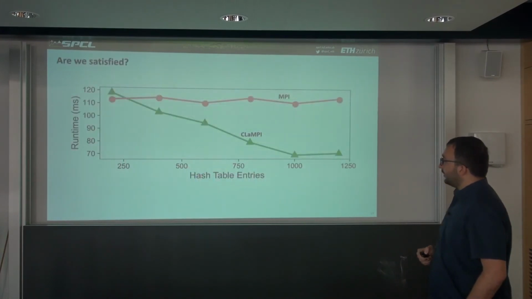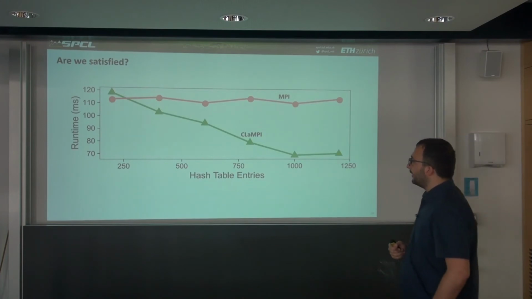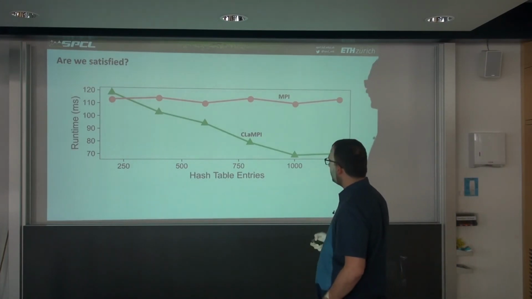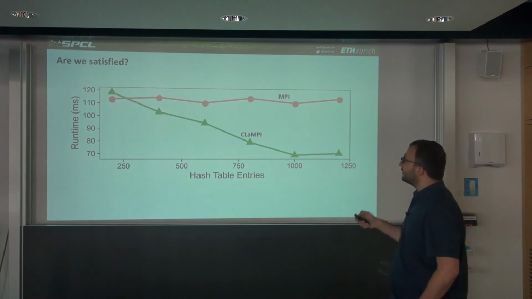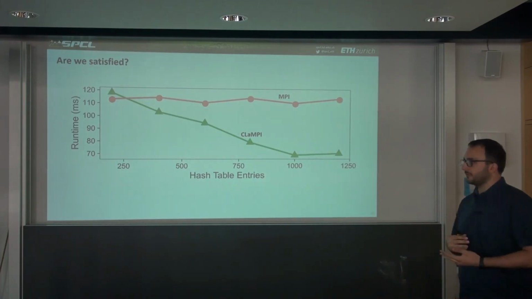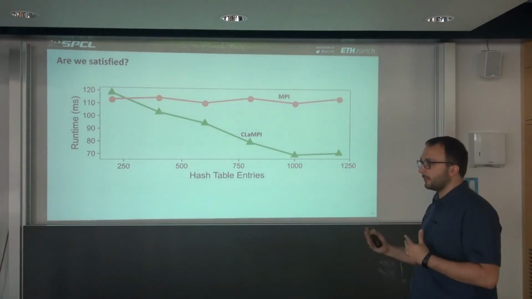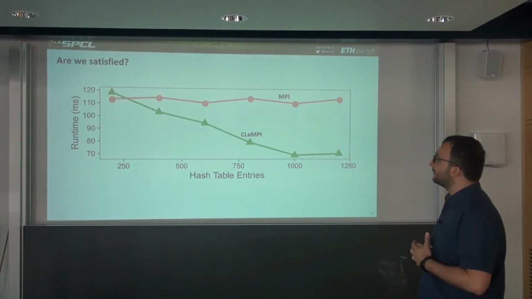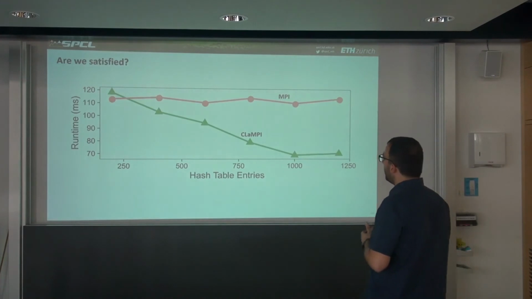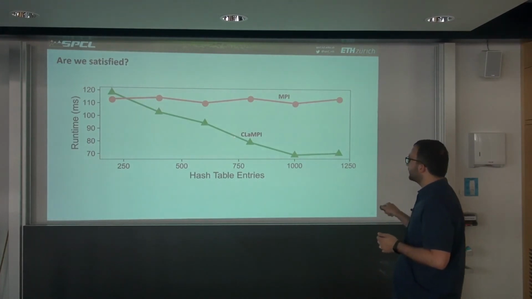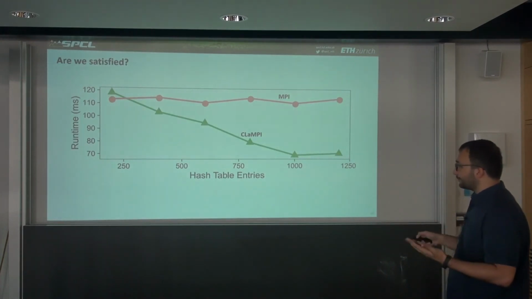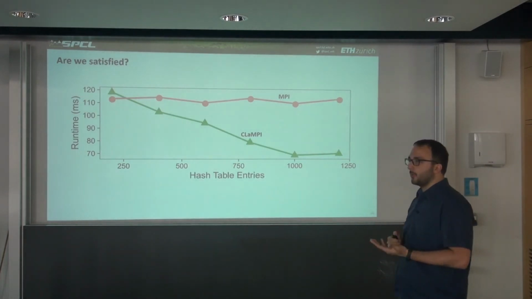Okay, so at this point, it is time for some numbers. In this experiment we show the runtime of a simple experiment. This is just 2 nodes and one process is performing a number of gets according to some distribution towards another node, and we compare MPI versus CLaMPI. And again, this shows the problem we were discussing.